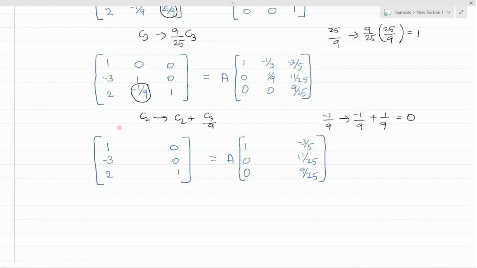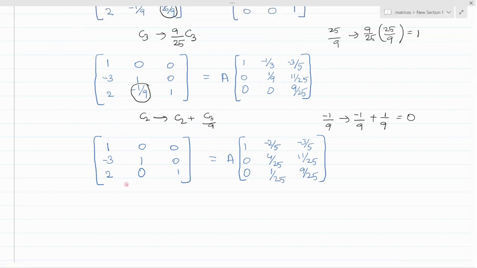Now C1 and C3 elements remain as they are, only C2 elements change: 0, 1 and 0. And here it becomes minus 2 by 5. Here it becomes actually 36 by 25, but we can write it as 4 by 25, and here it is 1 by 25.